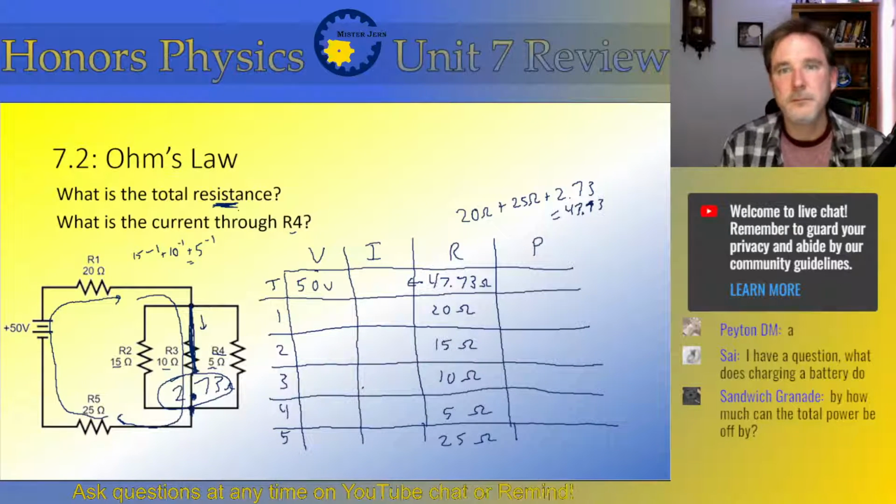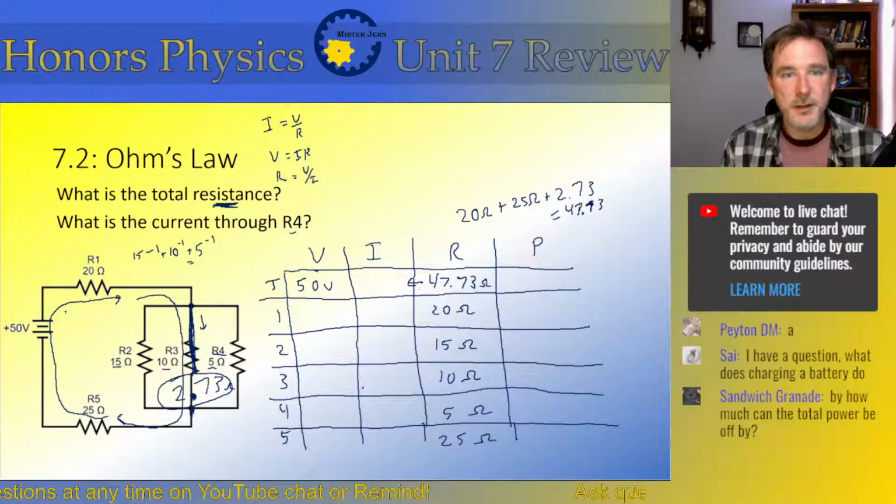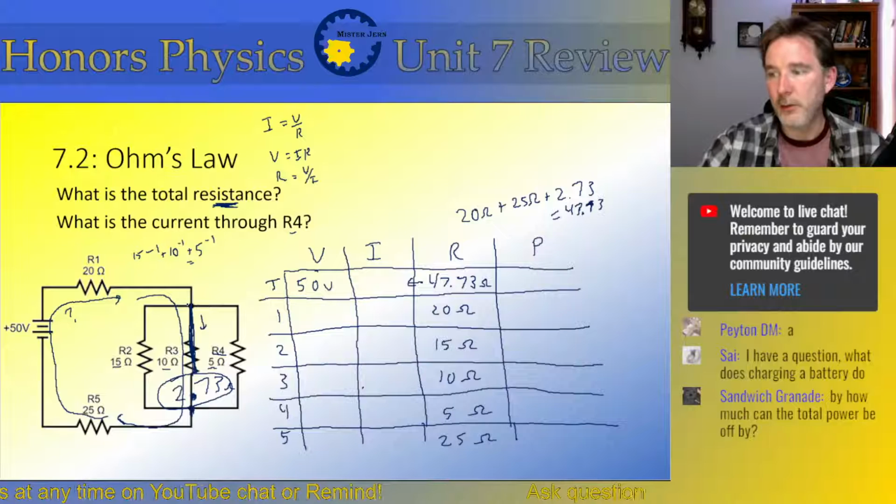So current is V divided by R. I'll just write the other as V equals I times R, and R equals V divided by I. This current, this question mark right here, is what I'm going to try to figure out, because if I can figure out that current, then I'll know the current going through those resistors.